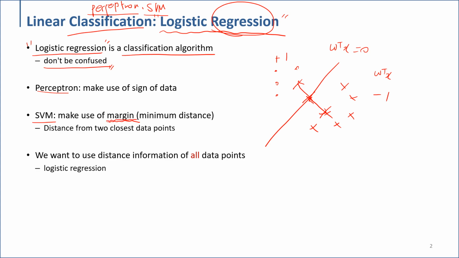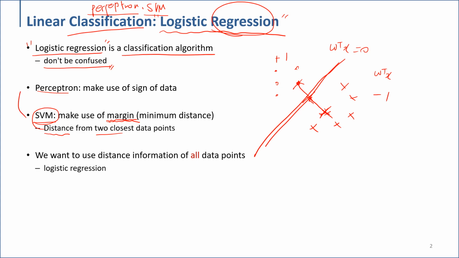Margin is nothing but the distance from the two closest data points. So from this decision boundary, the two closest data are like this. By calculating the margin and maximizing the margin, we can implement an SVM algorithm.